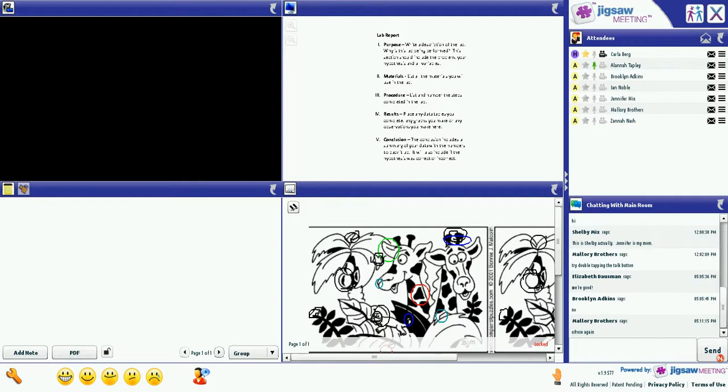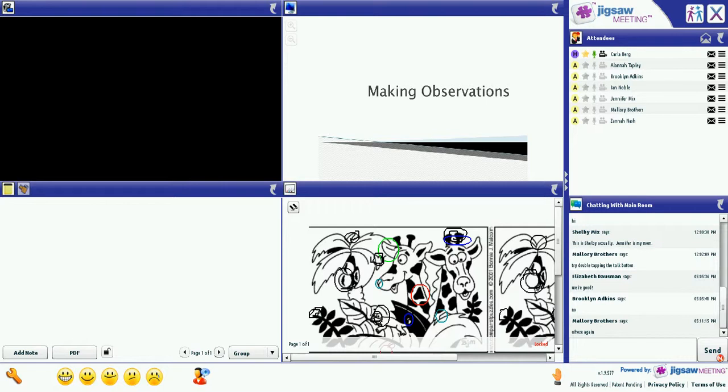Knowing which leaves are which, and seeing how big they are to each other. Very good. Comparing the size of things. That's a great observation. Can anyone else think of a way you can make an observation in a science course or just in general? Go ahead and raise your hand.